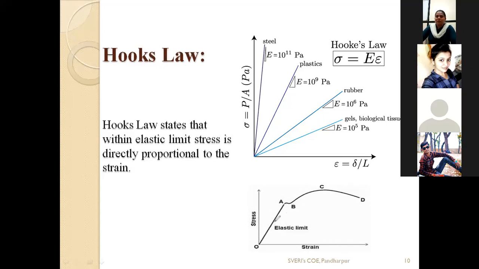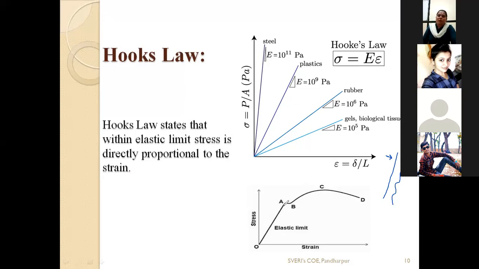When we say the line is linear, suppose our line is a straight line, not curved. If the line is linear, an elastic relationship exists, and this is called Hooke's law.